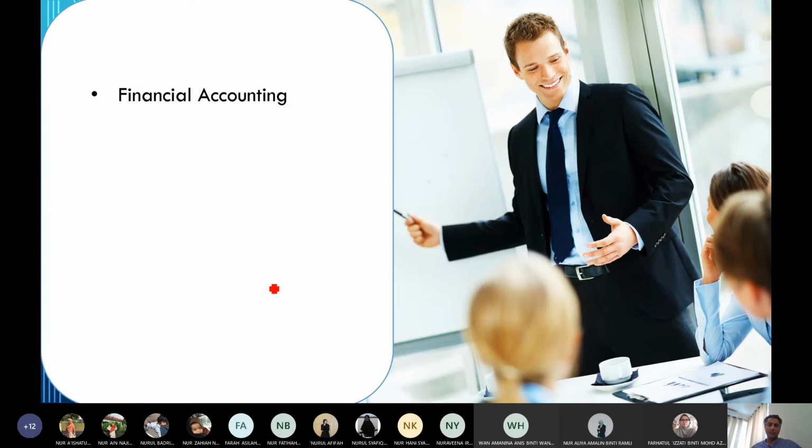We still remember, I believe, that we have financial accounting, which is mainly about financial reporting, financial statement reports, and then we have management accounting, which is mainly about internal cost accounting and accounting information that assists the management decision-making process.